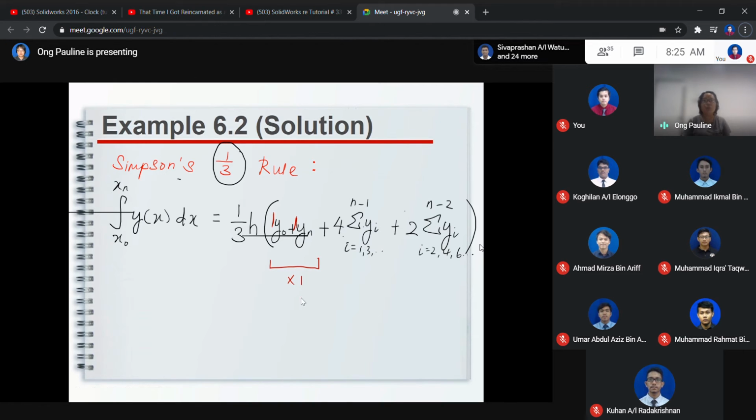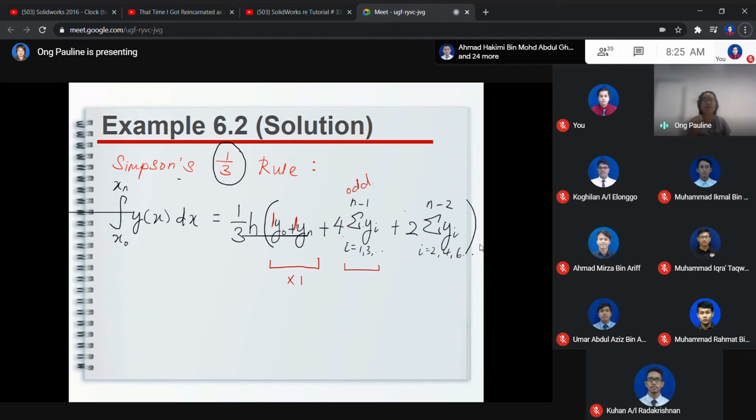The second category will be yi where i is an odd number: y1, y3, y5, and so on. Here we sum them up and multiply by 4.